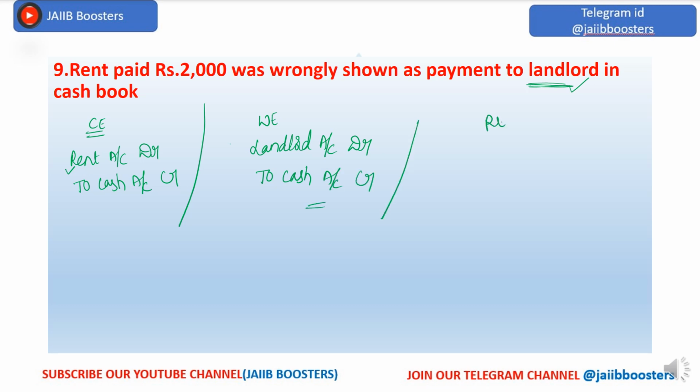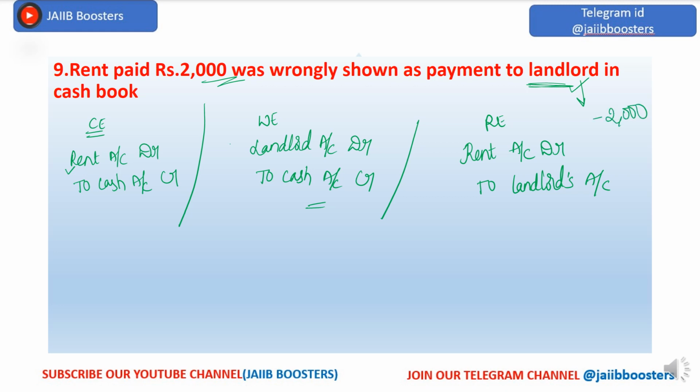So what is the rectification entry? The rectification entry would be we have to debit the rent account and we have to credit the landlord account to rebalance that extra debited amount. Here unnecessarily 2000 rupees has been debited from the landlord account. So landlord will have the less amount of 2000.